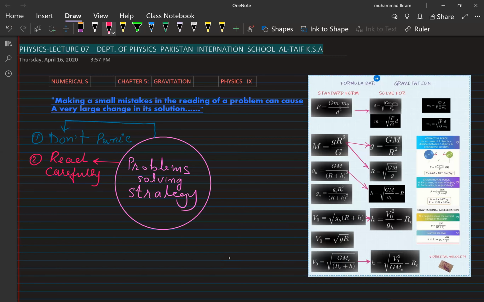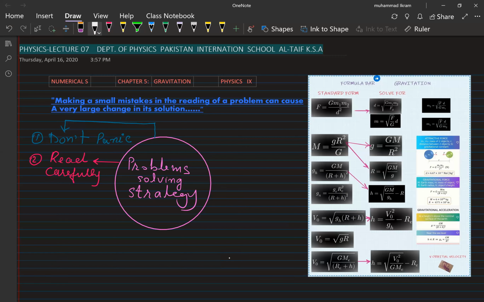So you must carefully read the problem. If you do not understand the logic while reading it for the first time, read it twice or even more so that you can get a good grip on the numerical or on the problem. So that is very important. This will make us identify the physical principles involved, right?